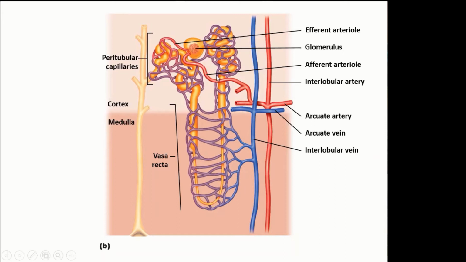So that's here. And then we go down into this big loop and we dip down into a different part of the kidney called the medulla. This is something called the loop of Henle. And this is where we're going to see a lot of things going in and out of the filtrate moving through this nephron. We're going to go back up.